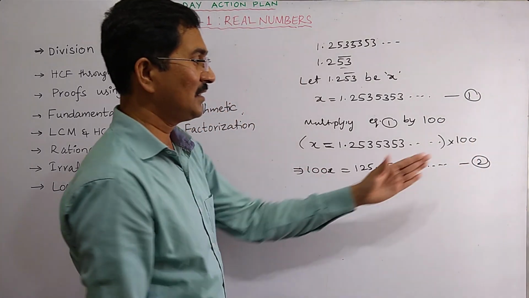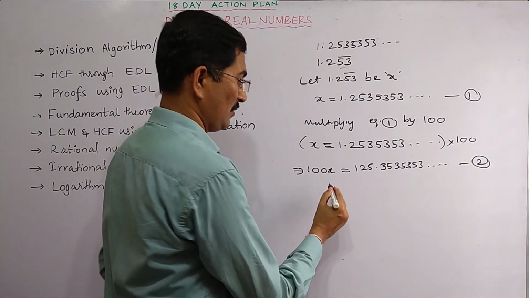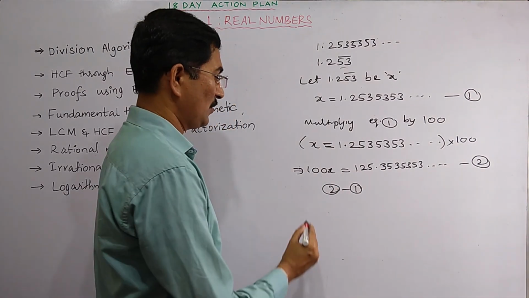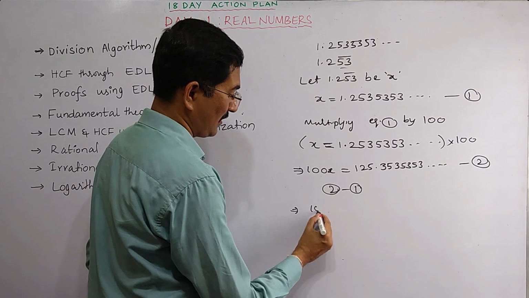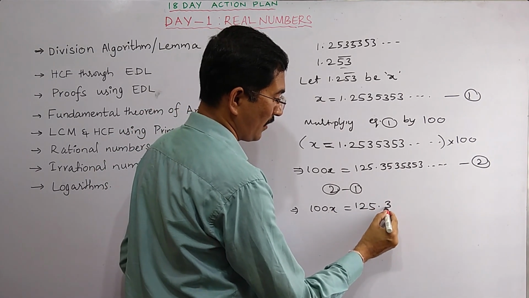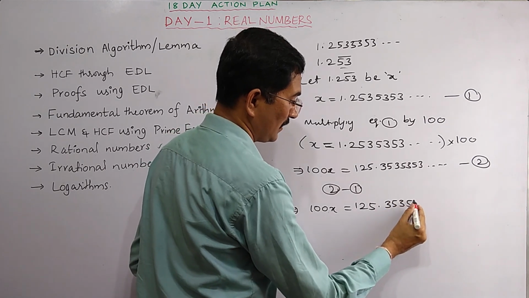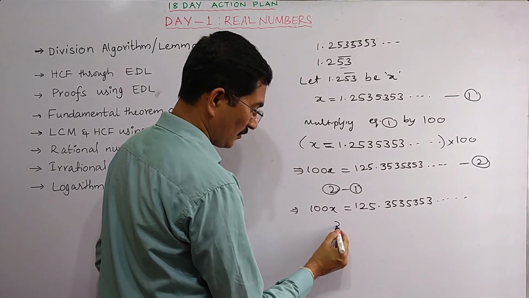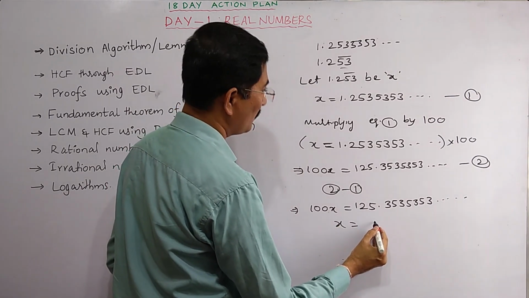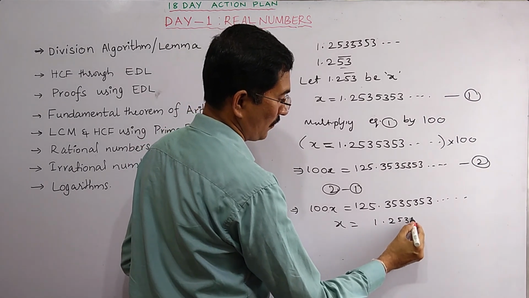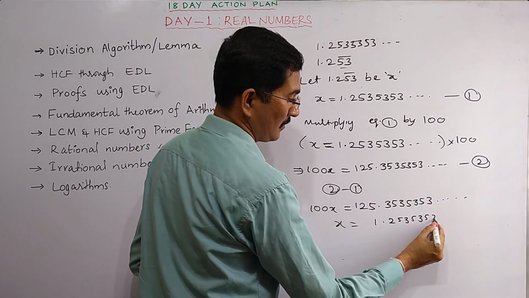Then subtract equation number 1 from 2. So this becomes like this. 100x is equal to 125.3535353 and so on. Under that you write equation number 1 is equal to 1.2535353 and so on.